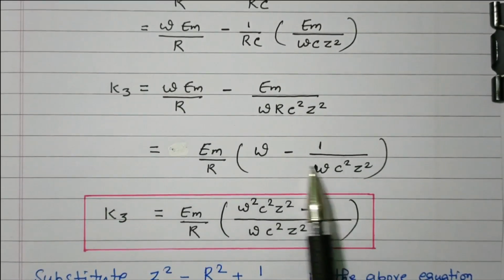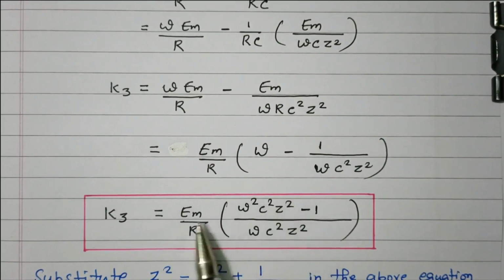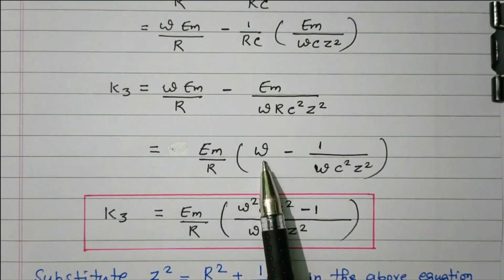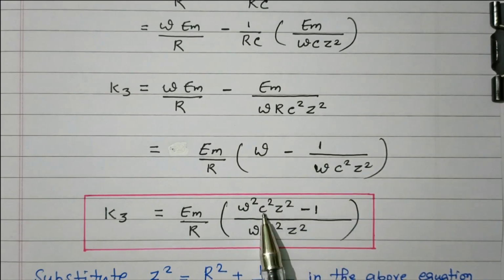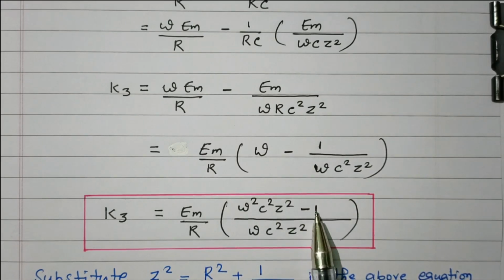So if I now take the LCM, Em by R, omega C square Z square. Here only omega is available, C square Z square is not available, so it is multiplied: omega C square Z square minus 1.